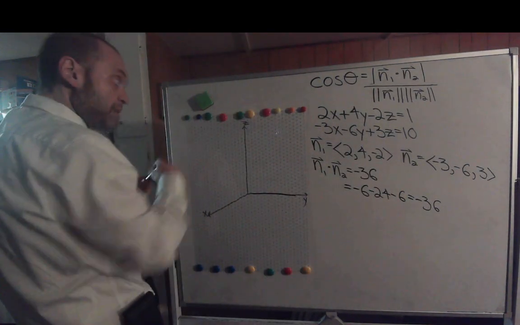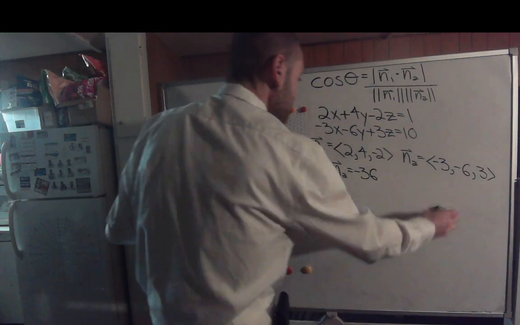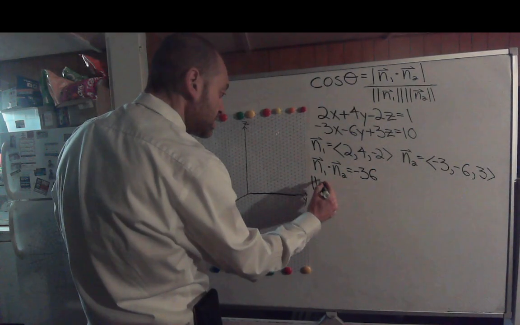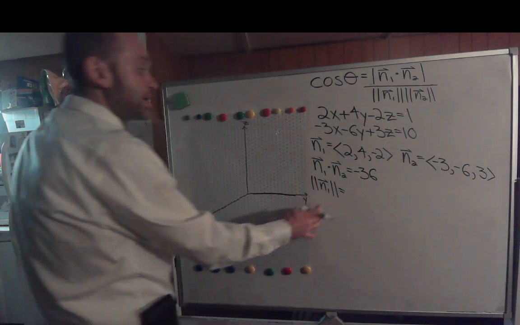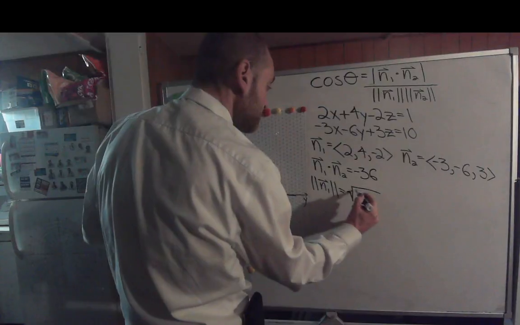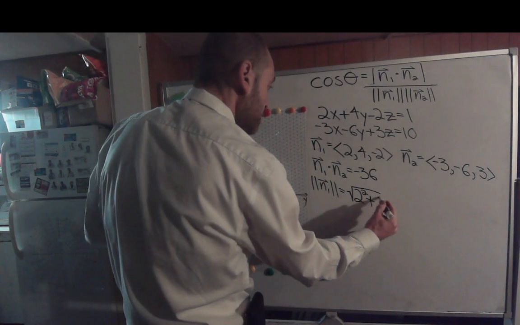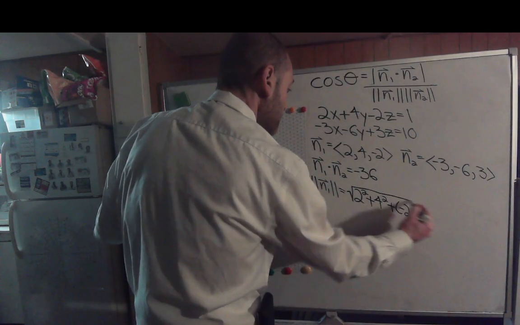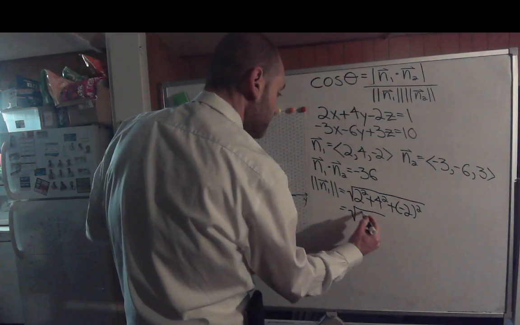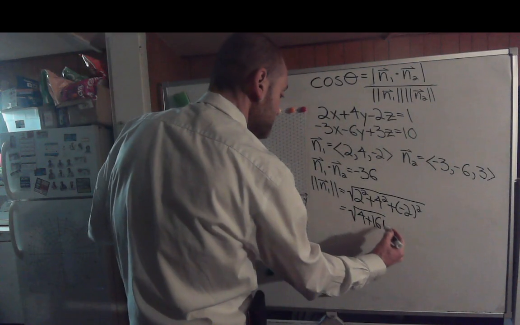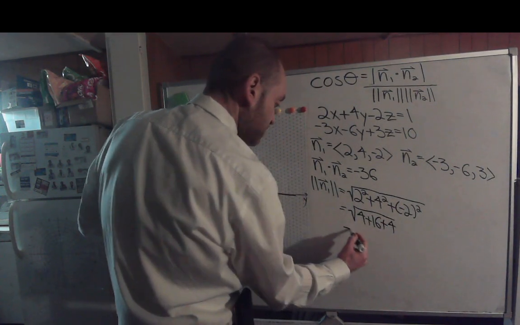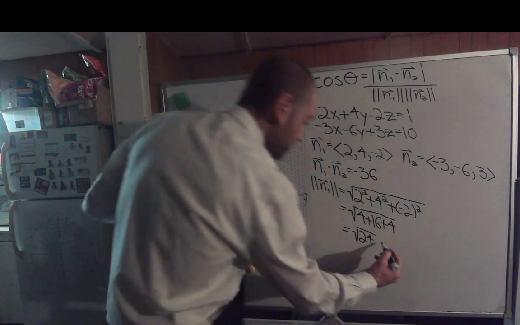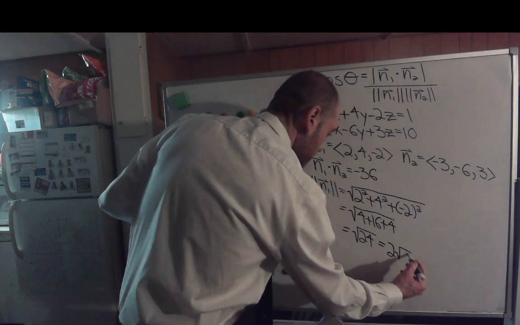Now that we found the dot product, let's go on ahead here and find the magnitude of each vector. Alright, so the magnitude of the first normal vector is the square root of 2 squared plus 4 squared plus negative 2 squared, which would equal the square root of 4 plus 16 plus 4, which turns into the square root of 24, which is the same as the square root of 4 times the square root of 6, so you end up getting 2 times the square root of 6.